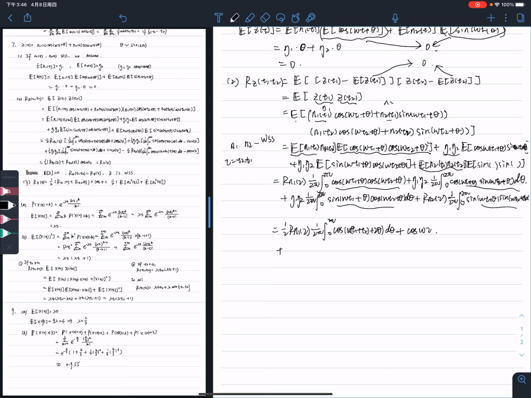Plus 1 over 2 η1 η2 times 1 over 2π, integral from 0 to 2π of sine(ω(t1 + t2) + 2θ) dθ, minus sine(ωτ).